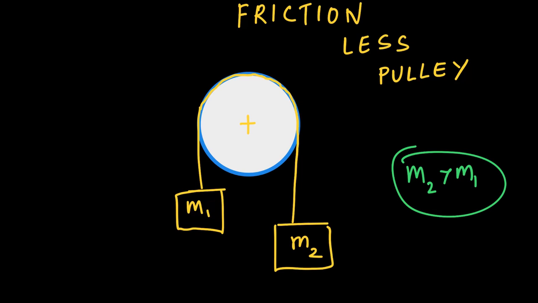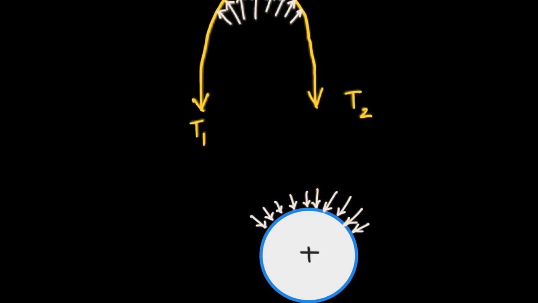Clear? So in this kind of problems, when you have the assumption of frictionless pulley, you don't have to worry about the motion or the dynamics or the kinematics of the pulley. You can leave the pulley alone. The pulley won't even move when there is no friction.